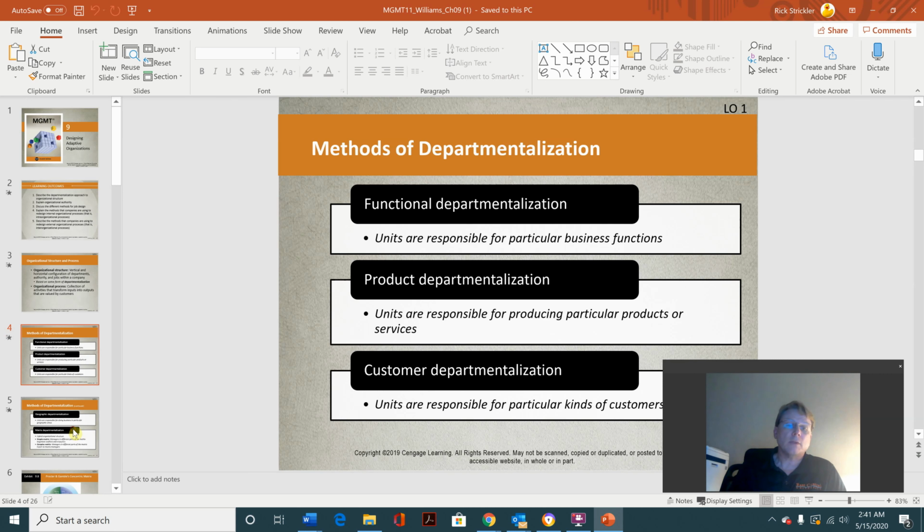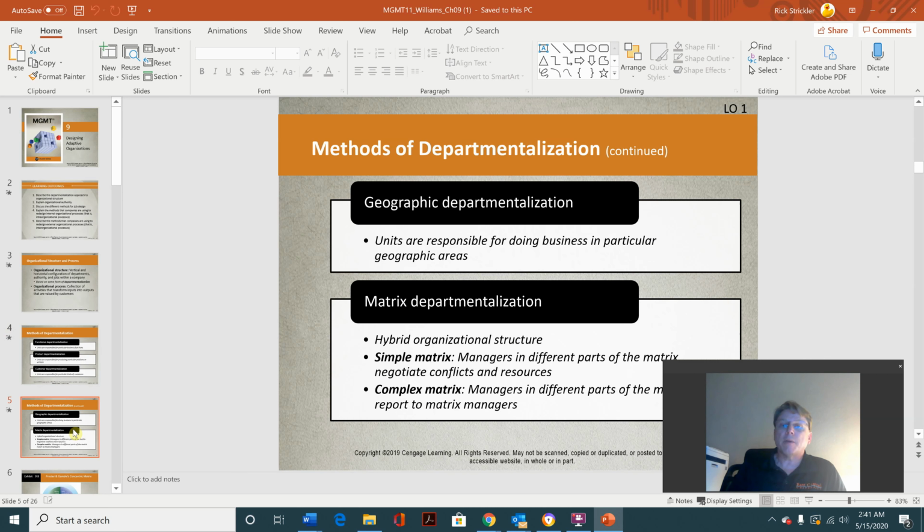Okay. Geographic departmentalization. So everything's mapped out, and people have different geographic areas called territories. And then the matrix departmentalization is a hybrid. Simple matrix: managers in different departments, different parts of the matrix, negotiate conflict and resources.